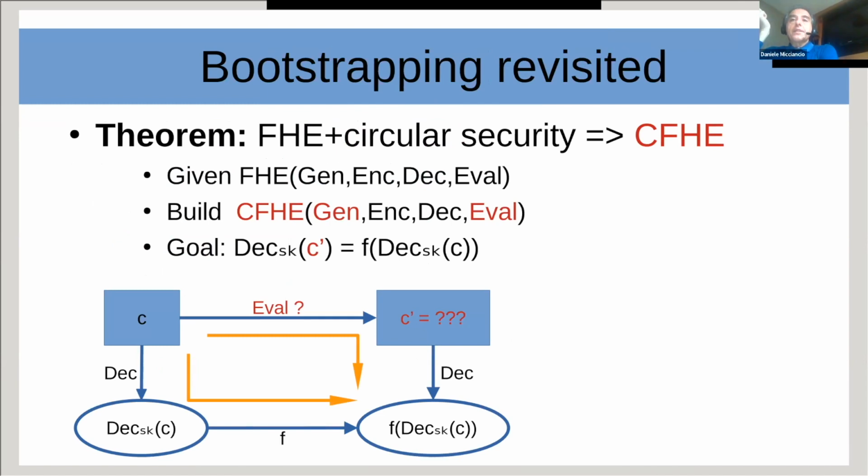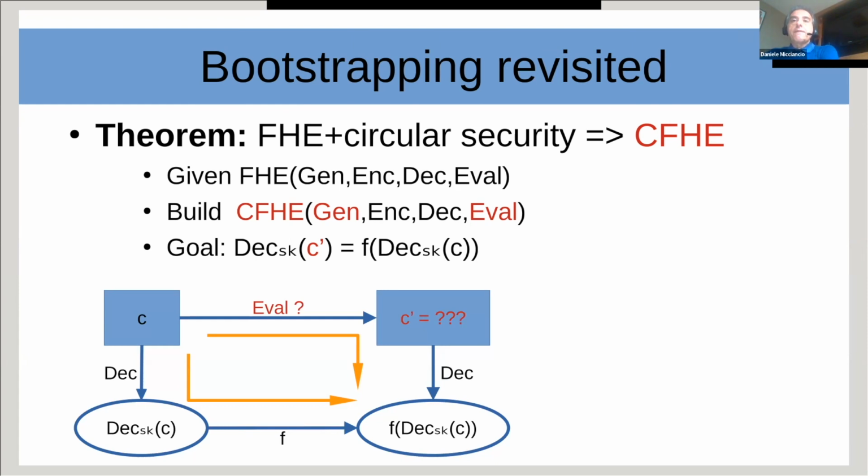Now, this gives a different way to look at the bootstrapping operation. I will show you that bootstrapping solves precisely this problem. You can reinterpret Gentry's bootstrapping theorem as a proof that if you have a non-composable FHE scheme which is also circular secure, then you can transform it in a black box way into a composable FHE scheme.